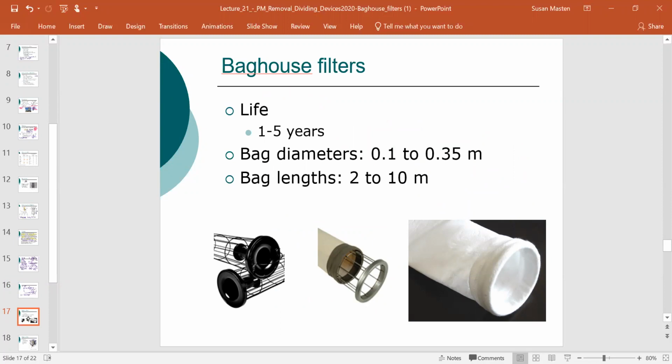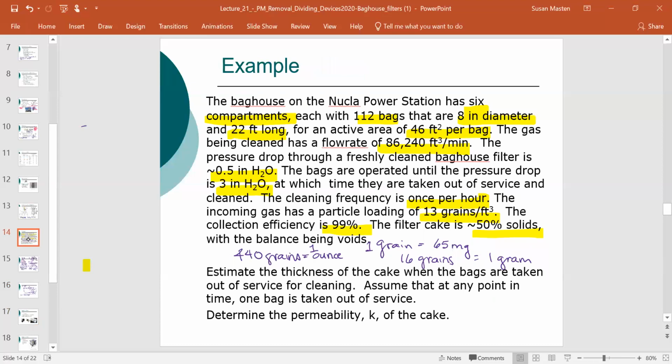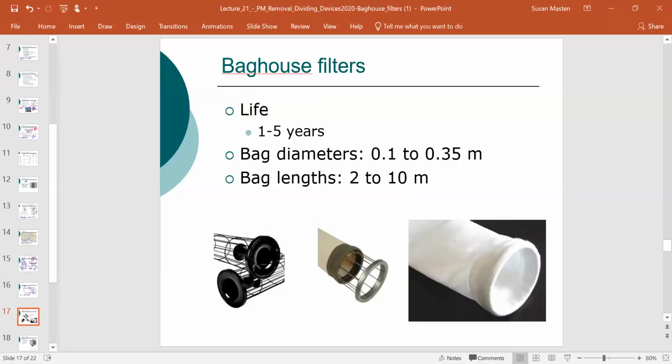Actually, average is about 2 years. So basically, think about that example where, back here, you've got 6 compartments, each with 112 bags. Every one of those bags has to be removed about every 2 years and replaced.